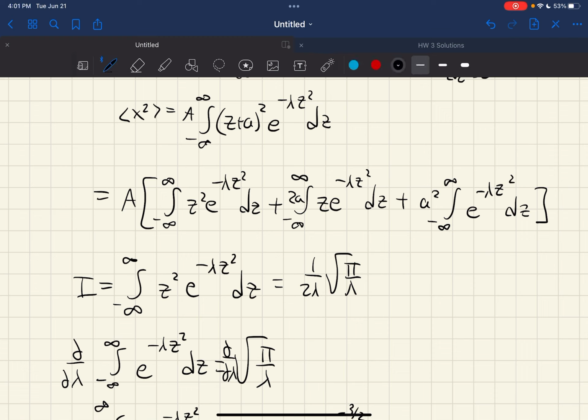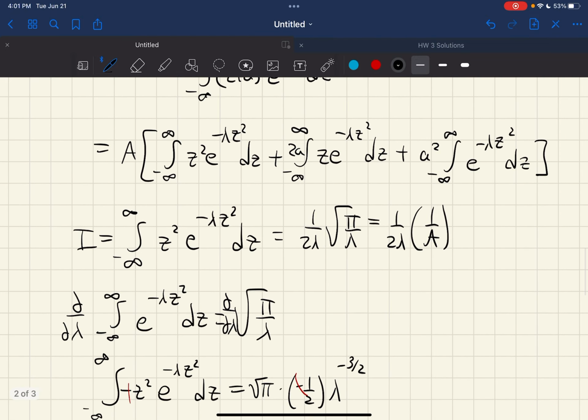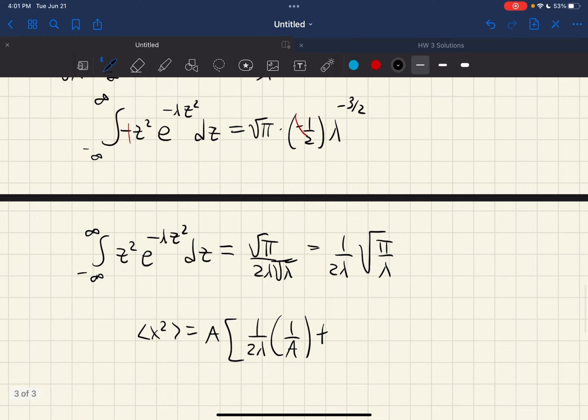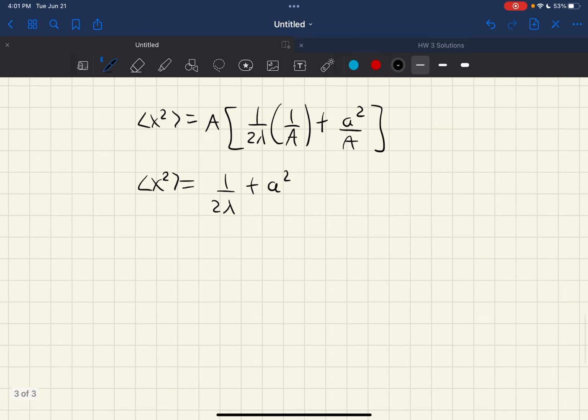So let's just let this be equal to 1 over 2 lambda times 1 over a, plus 0 for this middle integral, and then plus a squared times 1 over a. So when we bring in the a, this cancels with that and that. So we're just left with 1 over 2 lambda plus a squared, the expectation value of x squared.